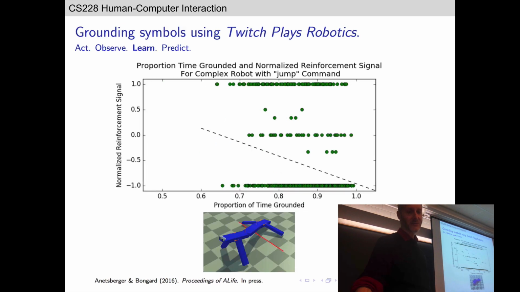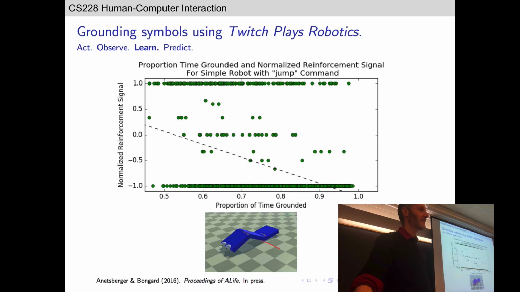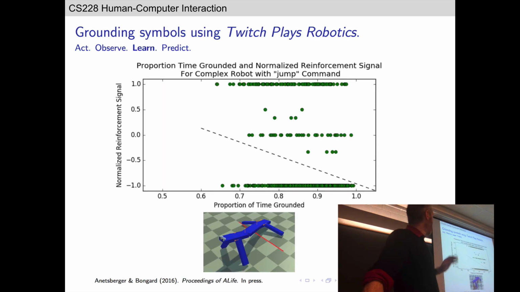It has a negative slope, but a very different y-intercept. So this is kind of interesting because it means, first of all, that JUMP means something to both of these robots. They have a limited understanding of JUMP. It's not great, but it's a start. And it's different for both robots. Yeah? Okay. So it's learned this relationship.